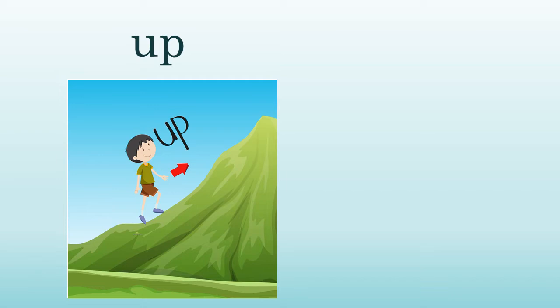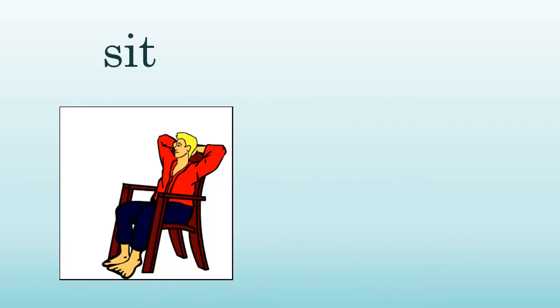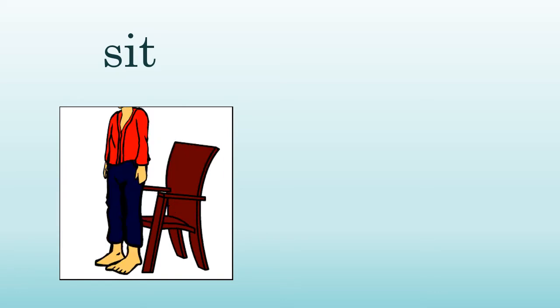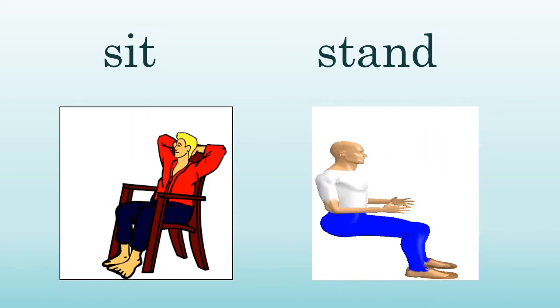Now, what is the antonym of up? Down. Look at the arrow. Up and then down. Now, look at this picture. Sit. What is the antonym of sit? Stand. Right? Sit and stand.